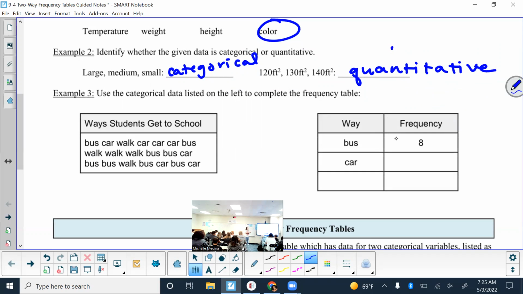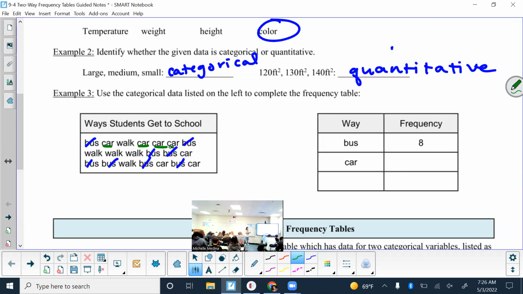So what does this 8 represent? How many people take the bus? So 1, 2, 3, 4, 5, 6, 7, 8. Right, that's how they fill it out. What about per car? How many people travel by car? 7.